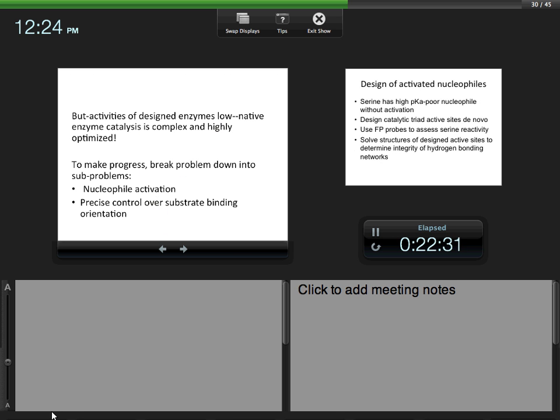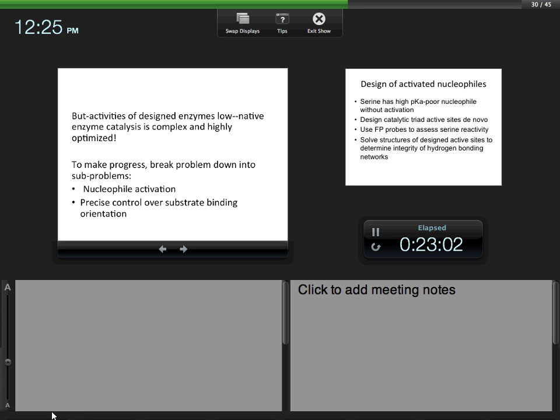Okay, so now let's focus on the bad news. So the bad news really is that the activities of these designed enzymes are very low. And why is this? Well, native enzyme catalysis is really complex and highly optimized. And there's many things that have to happen. You have to bind the substrate, and selectively stabilize the transition state, and release the product. That's something that's beyond where we currently were and probably still are to do really, really accurately.